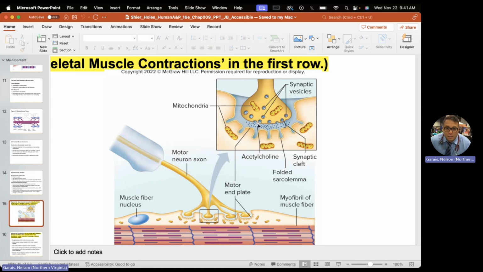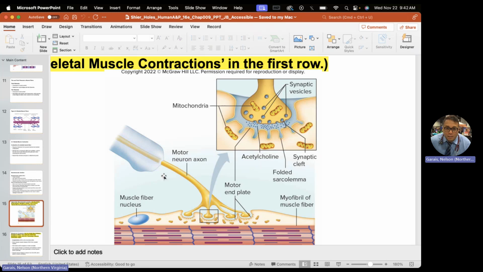Once it gets into the motor end plate, it ends up in the space called the synapse. The electricity then sparks the mitochondria to make energy so they can package all these vesicles. These vesicles contain neurotransmitter, and for skeletal muscle, the only and main neurotransmitter is acetylcholine, abbreviated ACh for short.